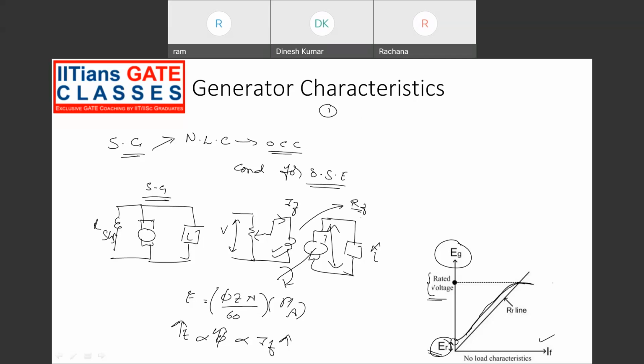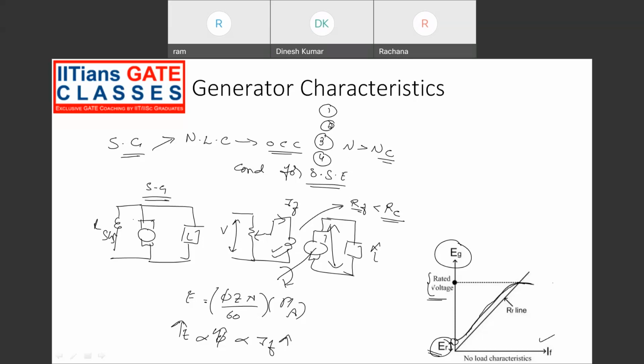This field resistance should be less than the critical resistance value. Third point is the speed. The speed at which the armature is rotated should be greater than the critical speed NC. Fourth point is the field winding should be properly connected across the armature winding.